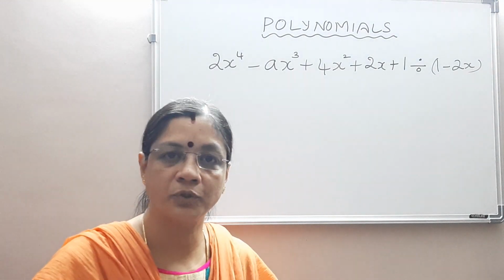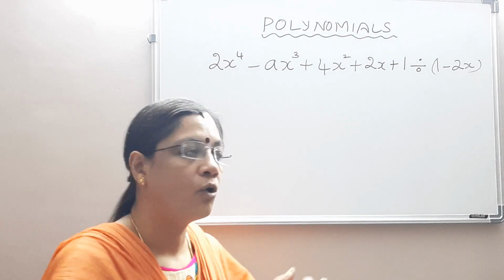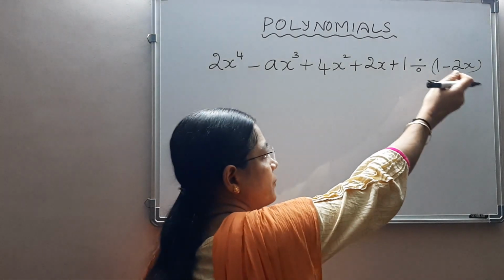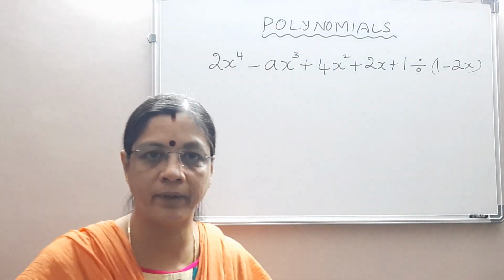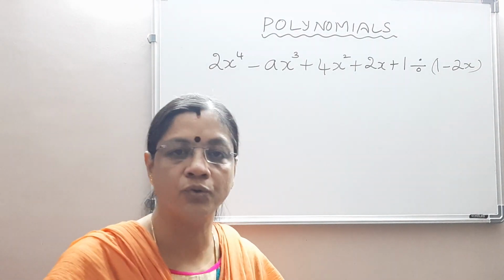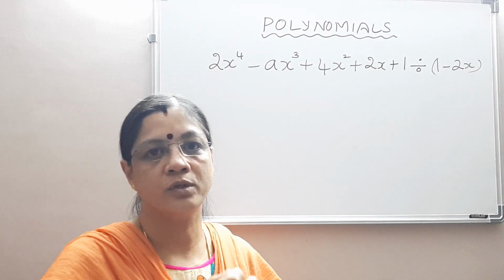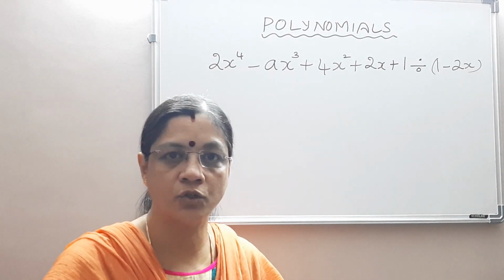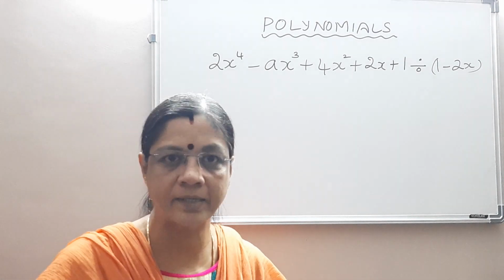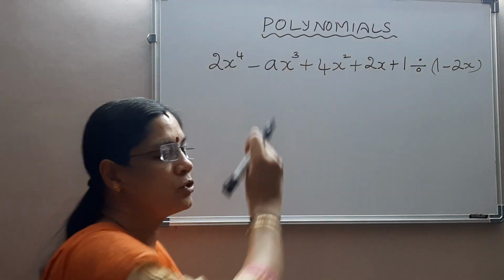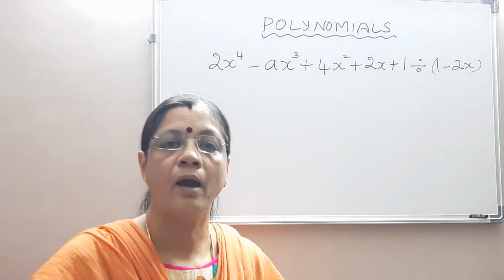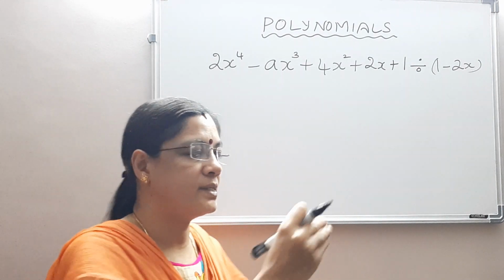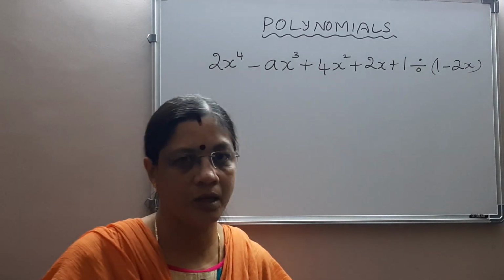We get the value of x from the divisor, from the linear polynomial, by equating it to 0. That value of x is substituted in the given polynomial, and if the result is 0, then we say it is exactly divisible by the divisor.